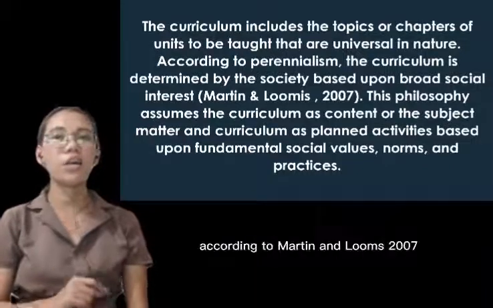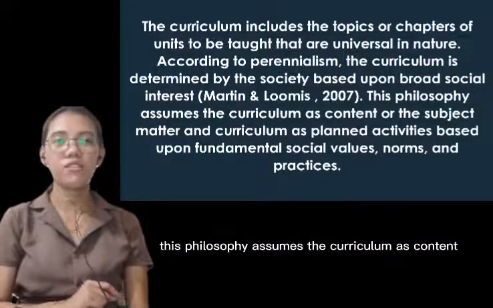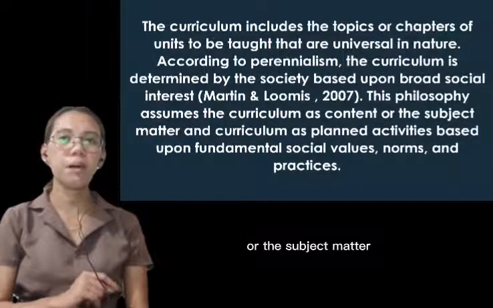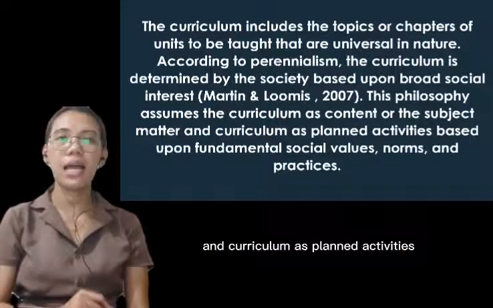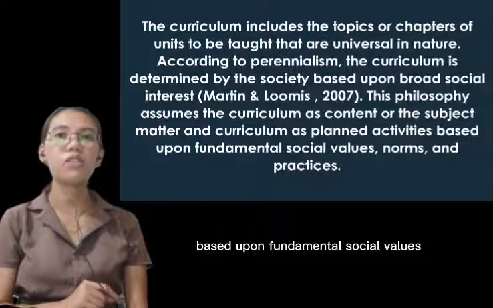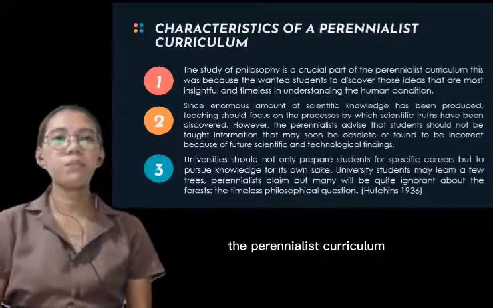That is, according to Martin and Loomis 2007. This philosophy assumes the curriculum as content or the subject matter and curriculum as planned activities based upon fundamental social values, norms, and practices.